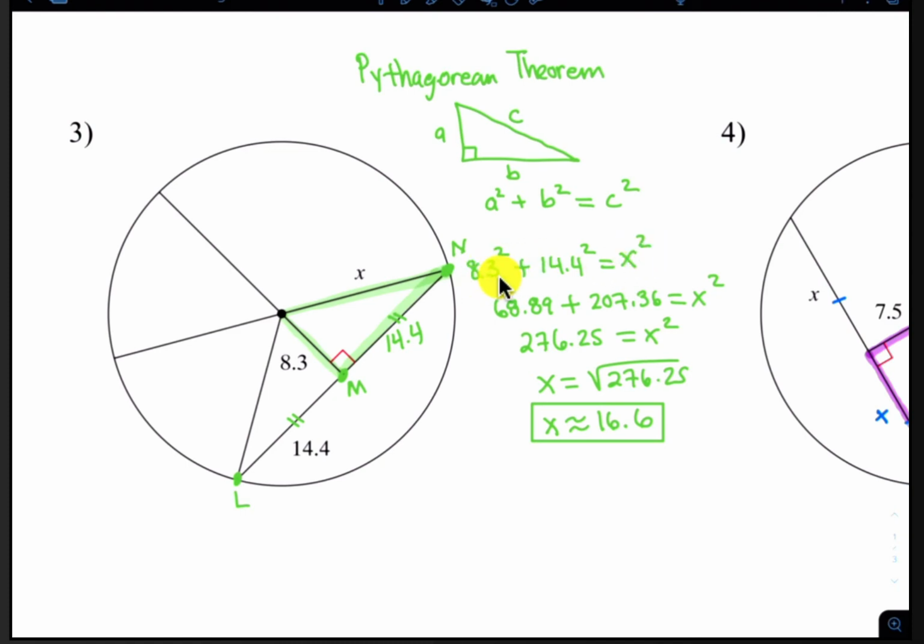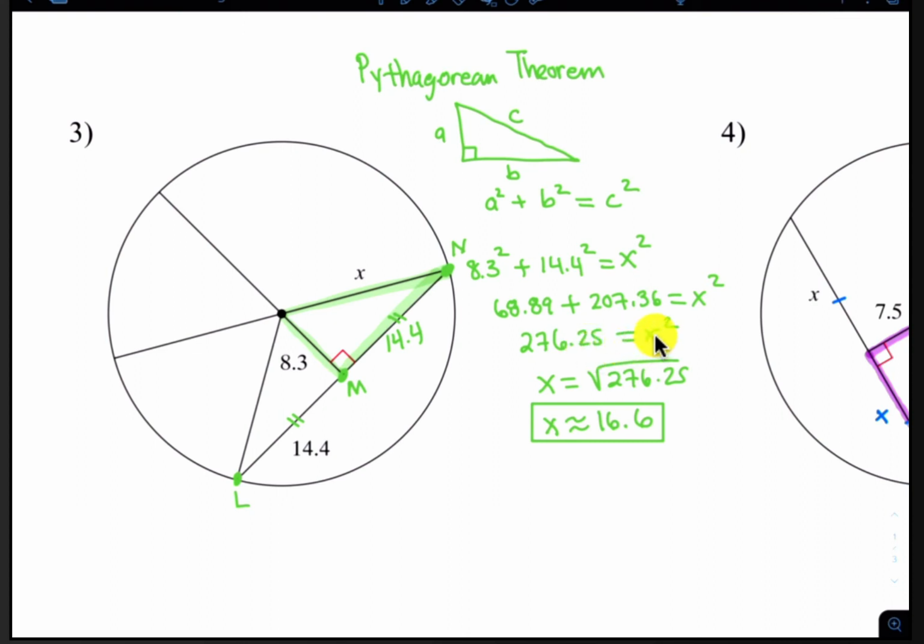Using your calculator, 8.3 squared is 68.89, 14.4 squared is 207.36, and that's equal to X squared. Now you're adding these two numbers together, so 68.89 plus 207.36 is 276.25.